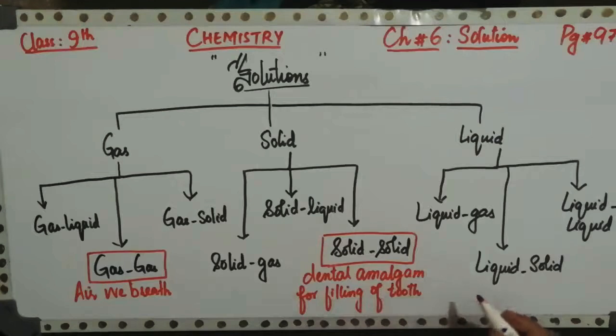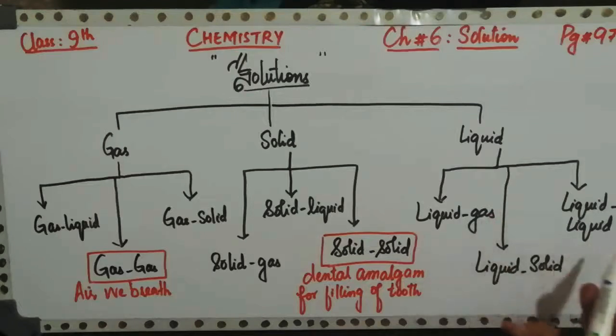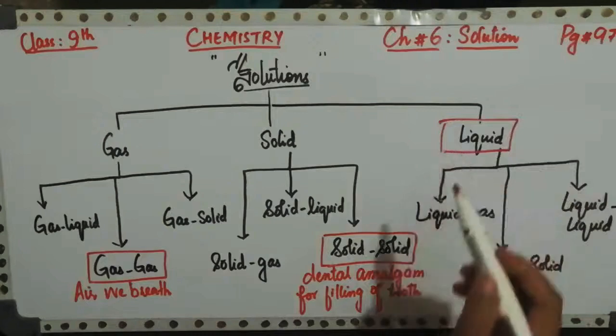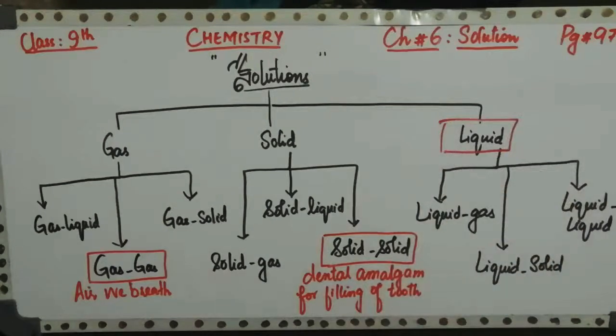Dental amalgam. Okay, and then we have some other type of solution which are very common in nature, and these are called the liquid solution. So we have a vast range of liquid solution. Liquid solutions are the most common solutions because of the most common solvent.